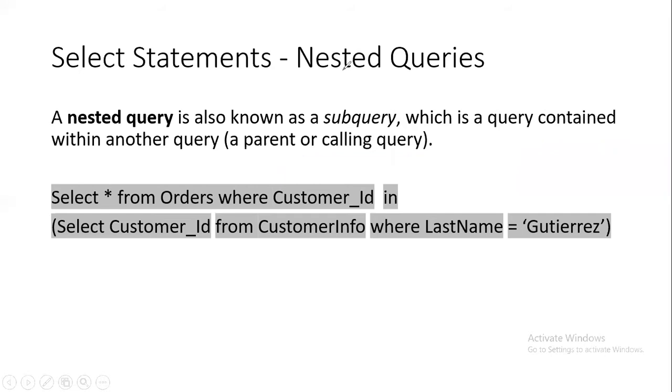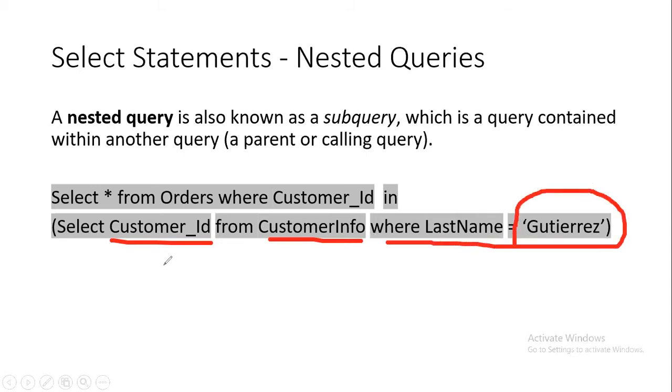Tulad din ng nested if, nested loop, the innermost statement yung una nating i-execute. So here is the innermost select statement. Sabi niya, select customer ID from table customer info where last name is Gutierrez, on that table, kunin natin yung customer ID. Example, nakita niya Gutierrez, customer ID is 13.